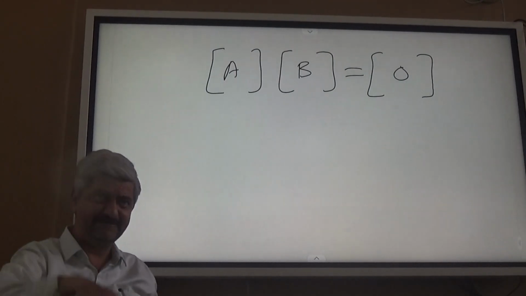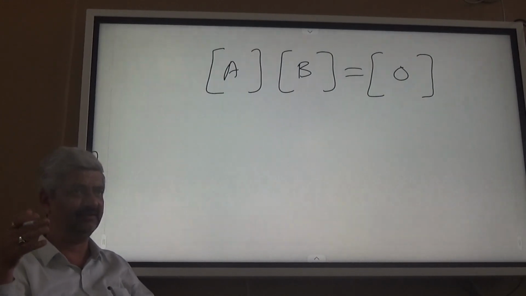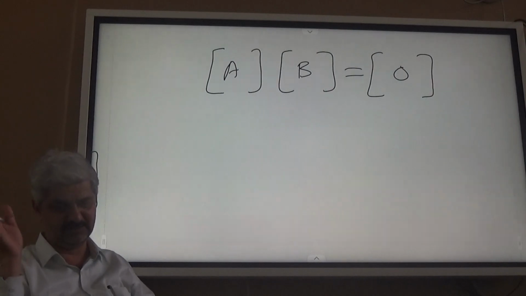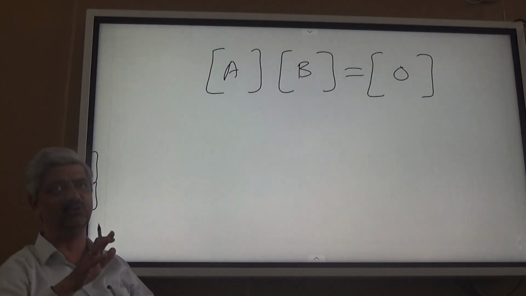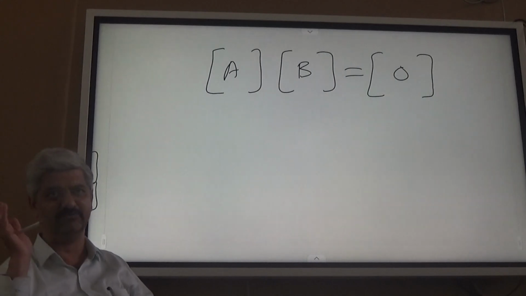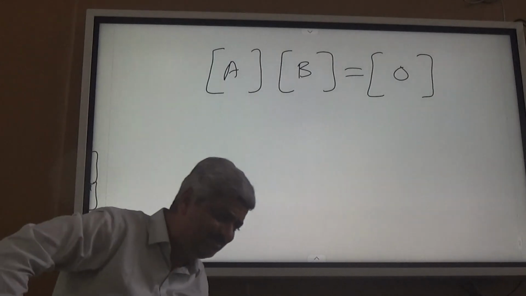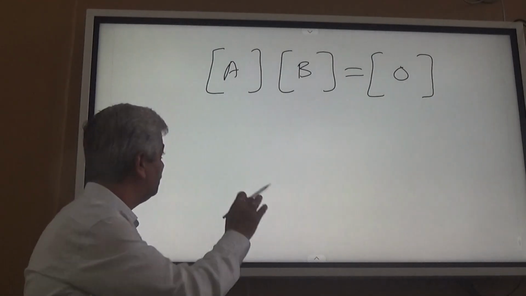In our conventional number multiplication, if R1 into R2 is equal to 0, then what must we have? Either R1 or R2 must be 0.